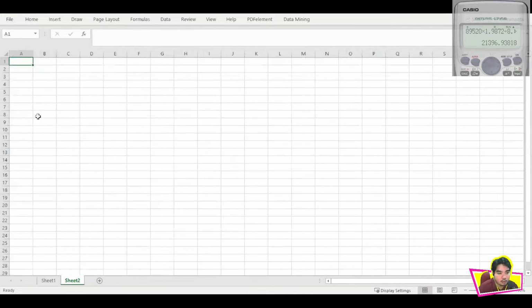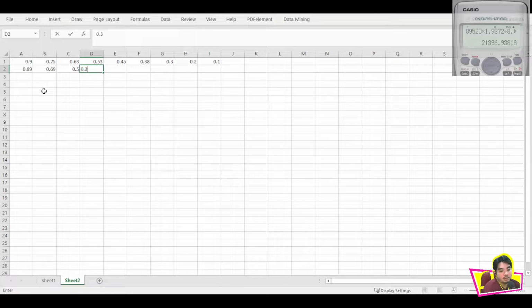Let's do a new sheet. Let me just type quickly. No, 1.9, 0.75, 0.63, 0.53, 0.45, 0.3, 0.2, 0.1. Tapos 0.89, 0.69, 0.5.